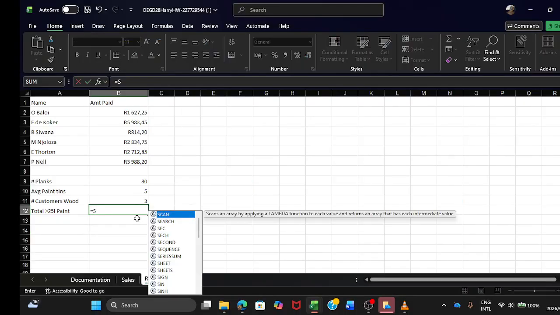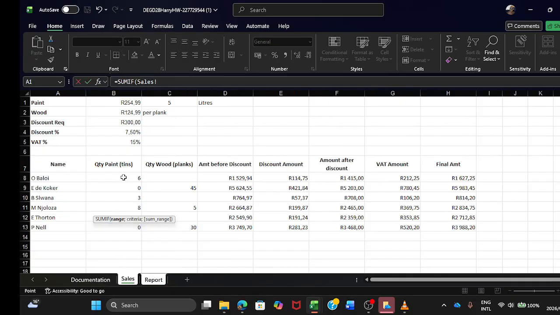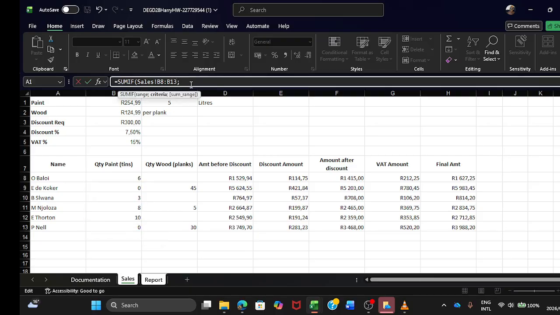So I'm going to say SUMIF, we're going to come to the range, then our criteria, which I don't know if it's going to be equals to, nah, just greater than 25. And then it's going to calculate the total of this.